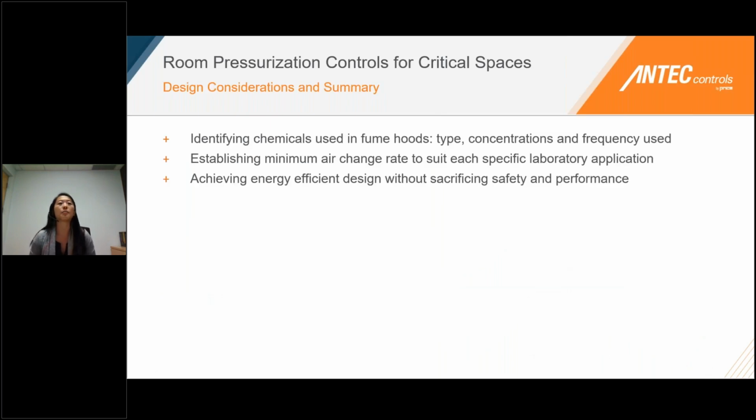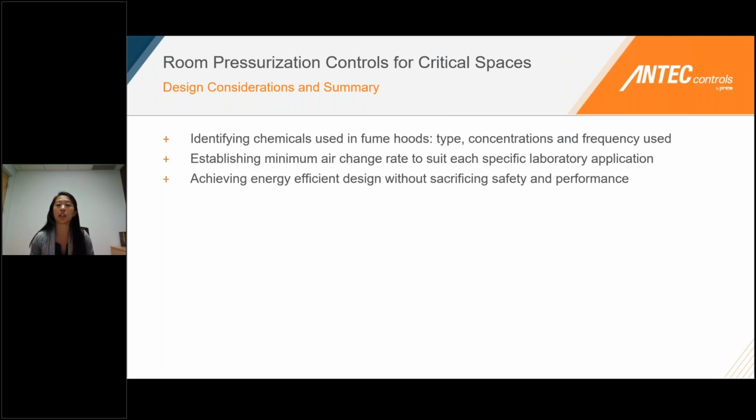So lastly, just some design considerations and challenges in critical spaces. It can be challenging to identify the different chemicals going through fume hoods. Like we talked about on Tuesday, depending on the types of fume hoods, concentrations, and the frequency that they're being used, you're going to need different types of coating on your airflow valves.